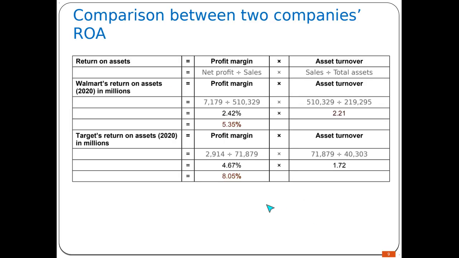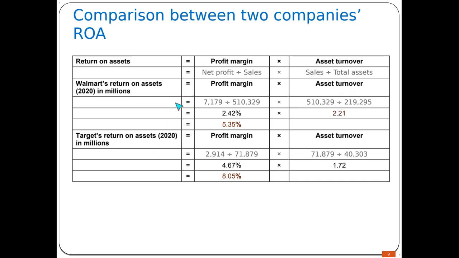Now here in this slide we have the comparison of two companies in a few different measures, few different ratios between Walmart, which is a large departmental store, and Target, which is another departmental store.